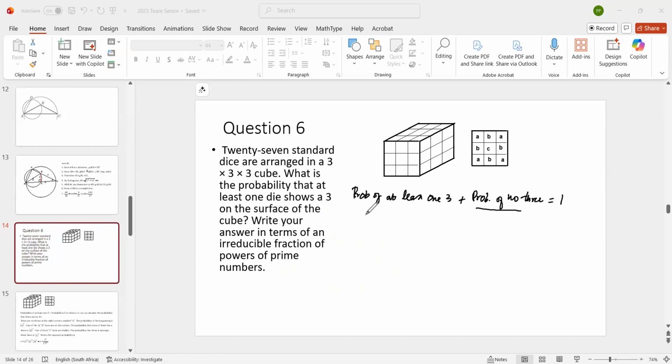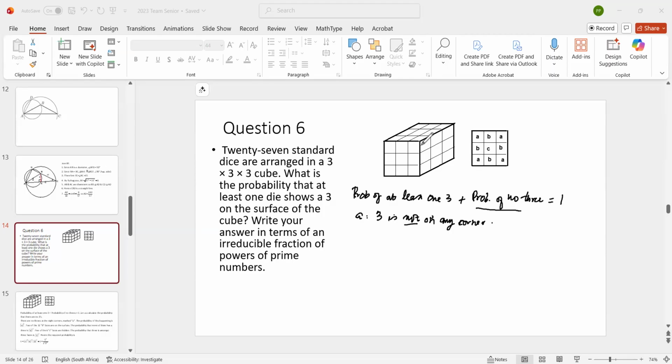So let's take the A face. 3 is not on any corner. Now, that means 3 is inside. There are 3 other faces in this cube here that I'm pointing to. It's a corner cube.